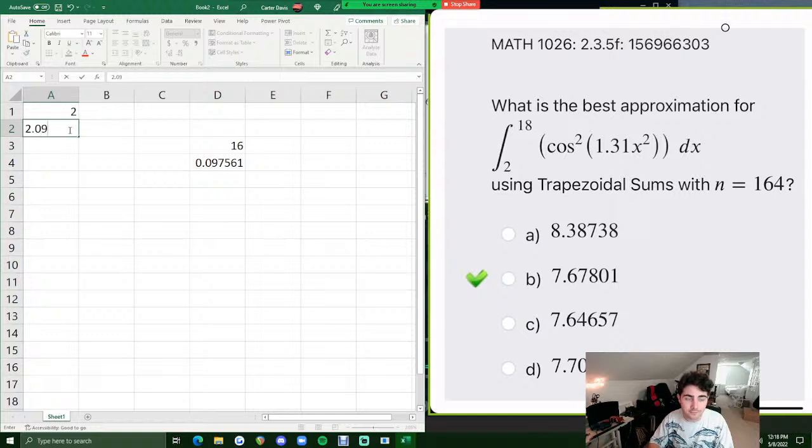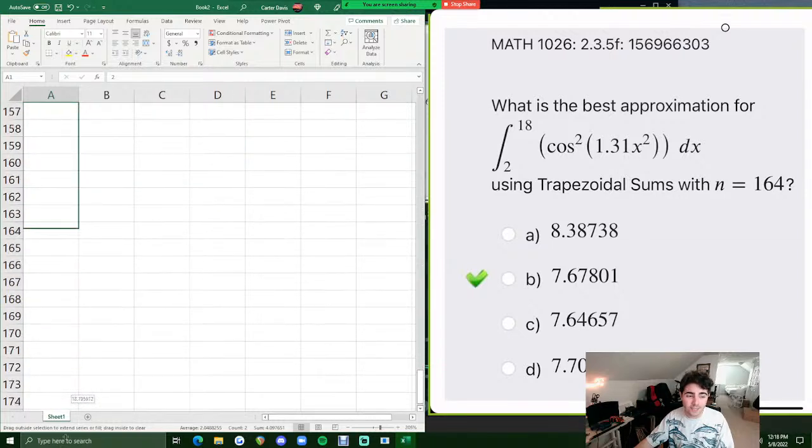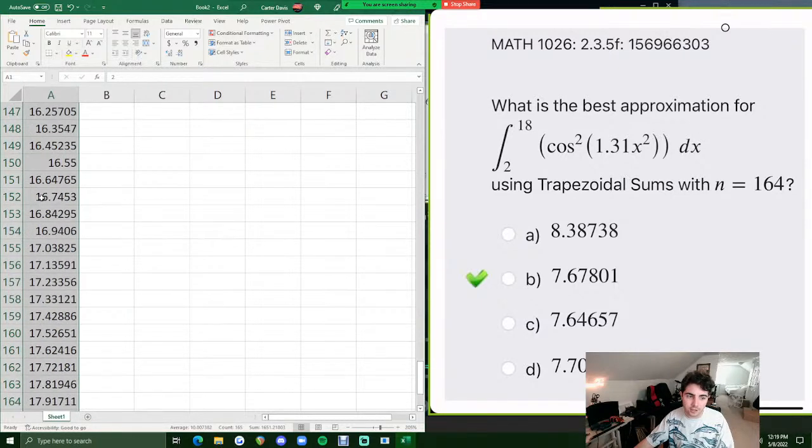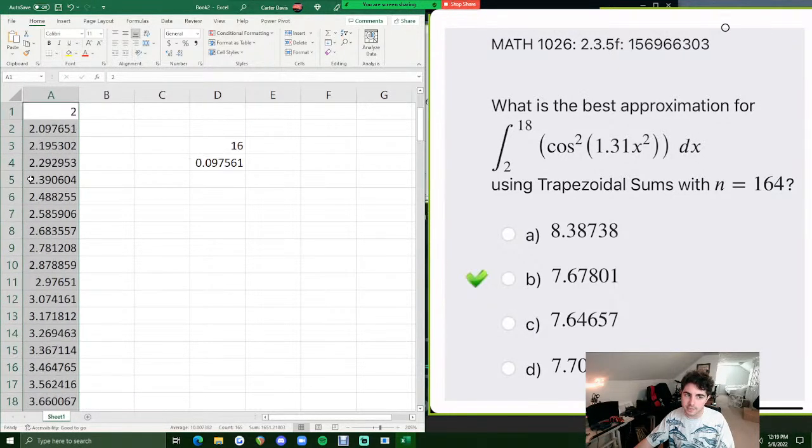We're going to type in the value, just the number itself. So 2 plus that 0.097561 is 2.097561. Now if we highlight these, we should be able to drag it all the way down to 18 pretty evenly. It's going to be just slightly off because I've used the decimal, but that's okay.